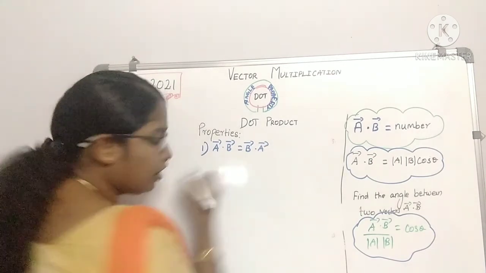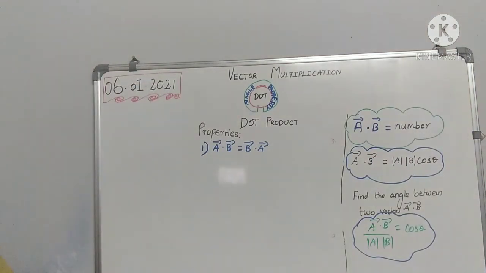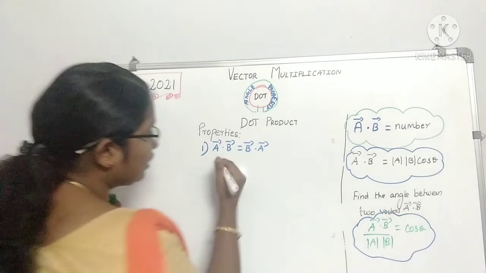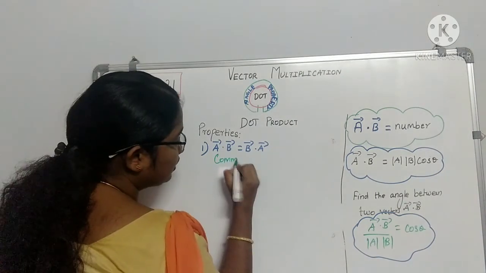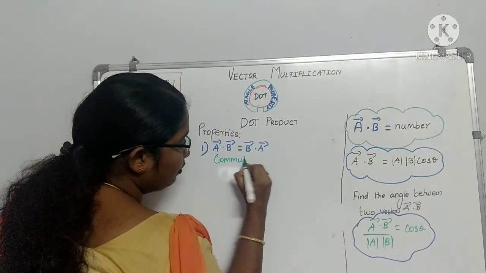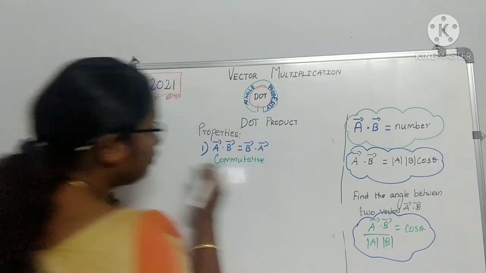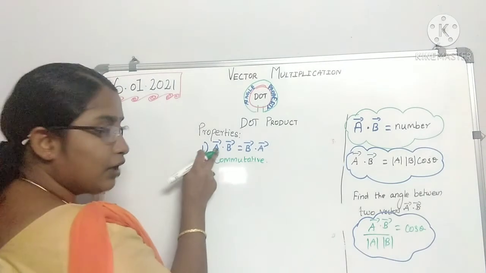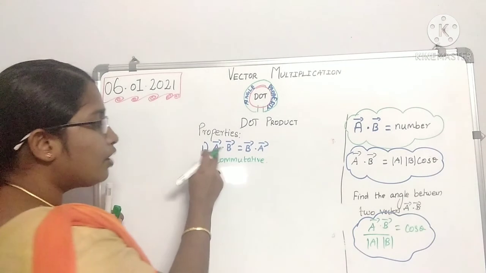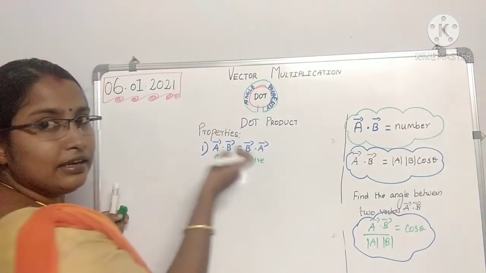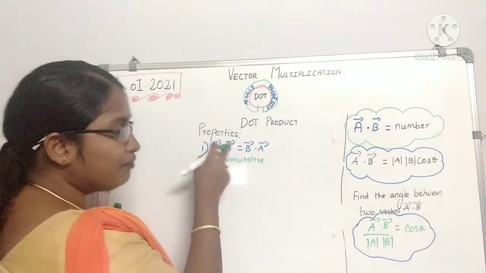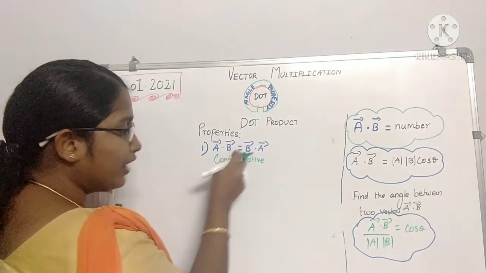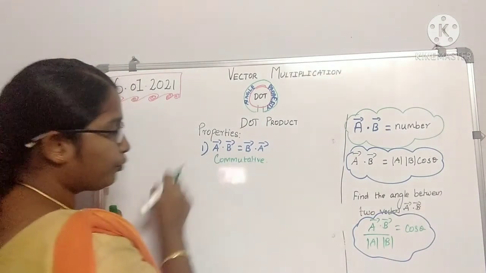That is commutative. What does commutative mean? If your dot product has both the vectors in the same way or in the opposite order, we will be getting the commutative property.